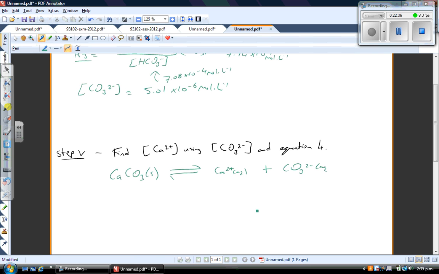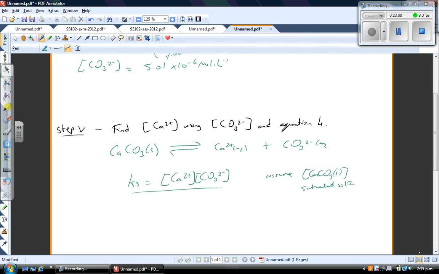So our expression for that, the Ks expression, is simply the concentration of the products times each other. We're assuming that the concentration of the calcium carbonate is unchanging. That's one for a saturated solution. But there's an assumption there that the concentration of calcium carbonate is unchanging. So therefore you can write your Ks expression like that.